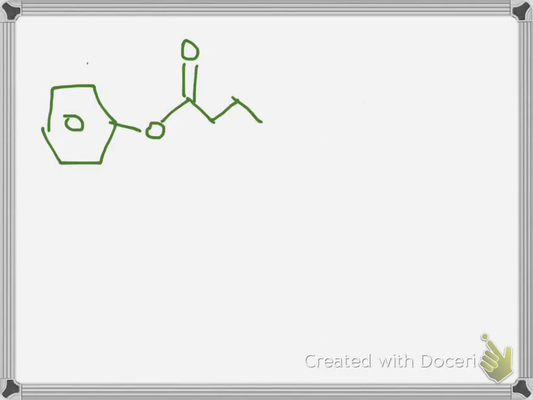Okay, so here's another example of an ester. We have to decide which side is the alkyl side, and which side is the acyl side. So let's look here. The side that's on the left, the way it's drawn, is that the alkyl side or the acyl side?